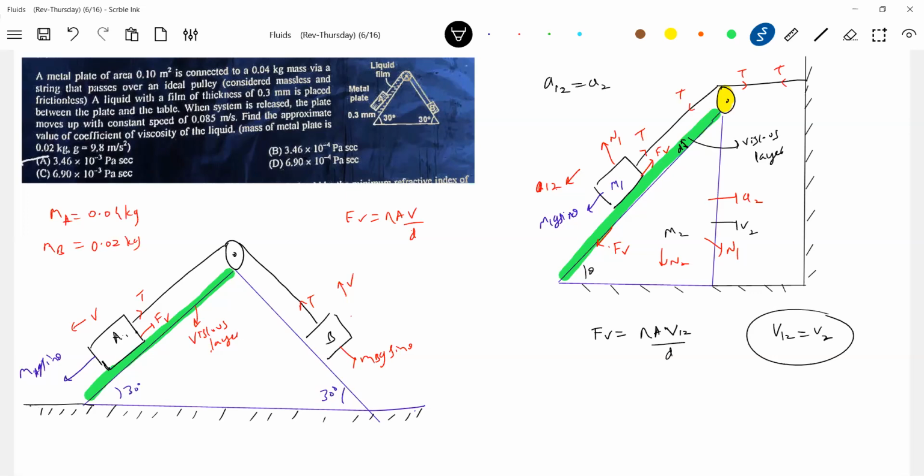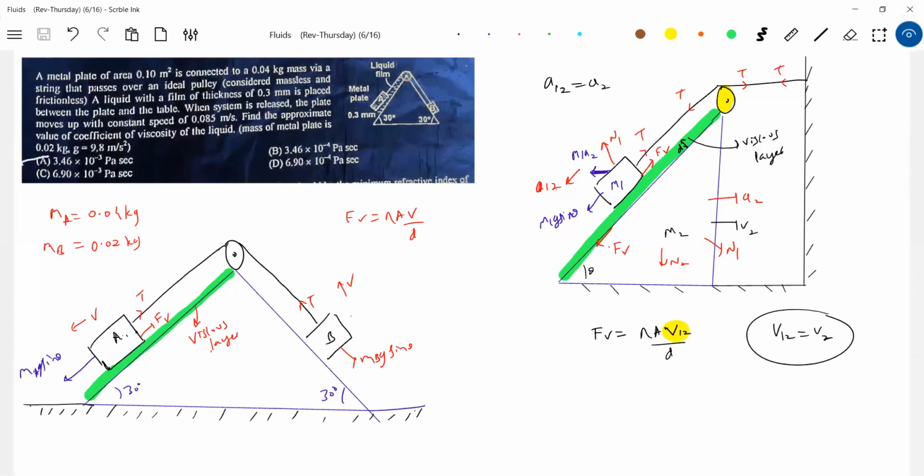Then you are going to bring one pseudo force, because we'll discuss motion with respect to wedge, no? Then write the equation. Okay, this is where you have to be extra alert. Fine.